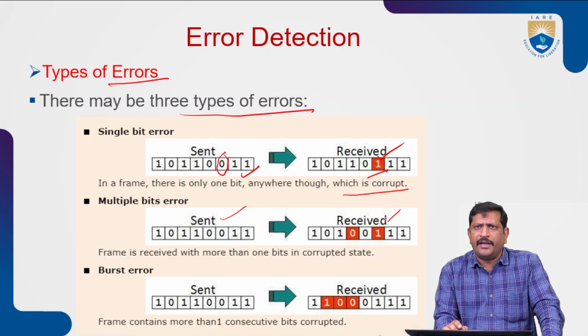At the receiver side, instead of 10110011, he receives 10100111. Different bits are received.